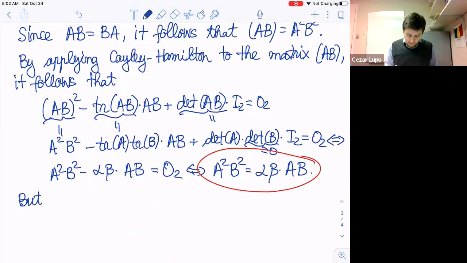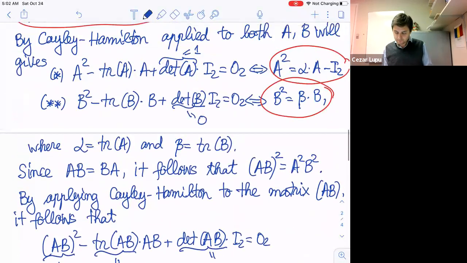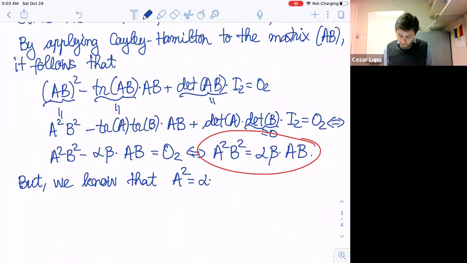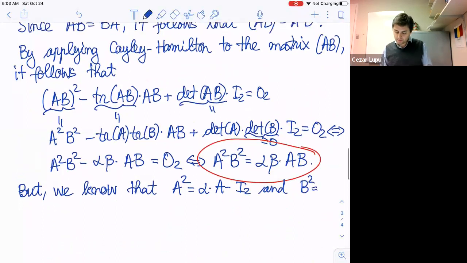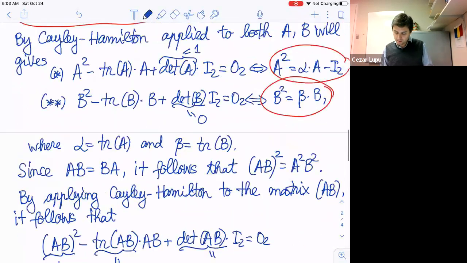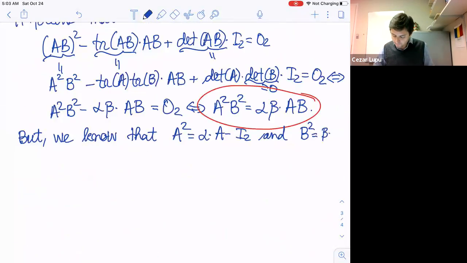But we know that A squared was, let's see, alpha times A minus the identity, and B squared was, in fact, beta times B. All right, let's plug it in.